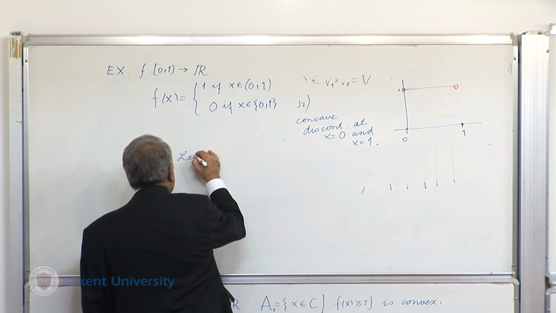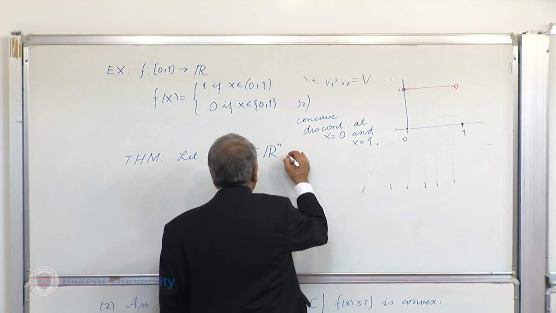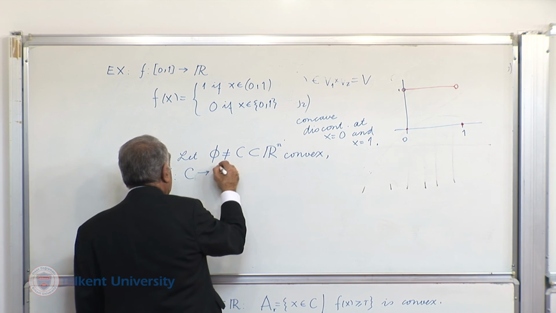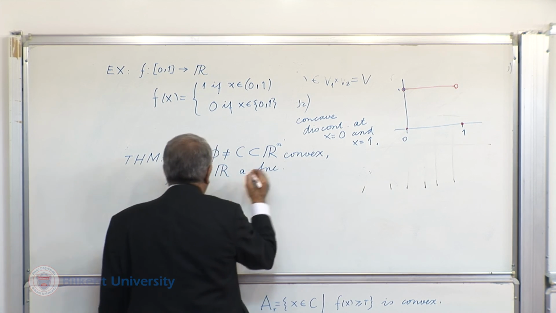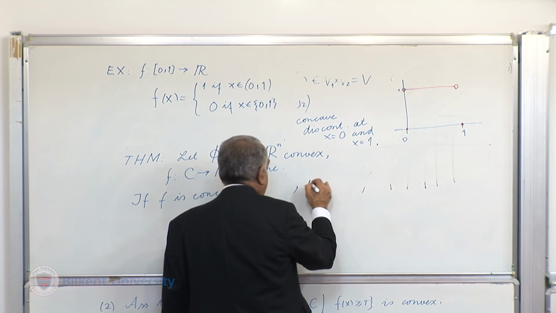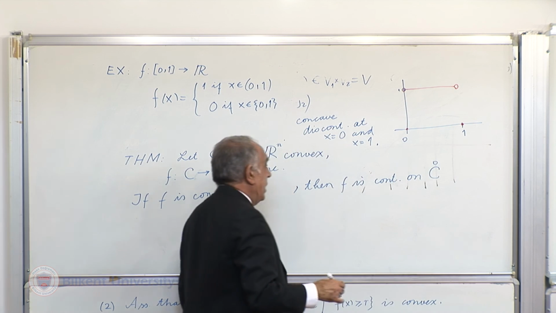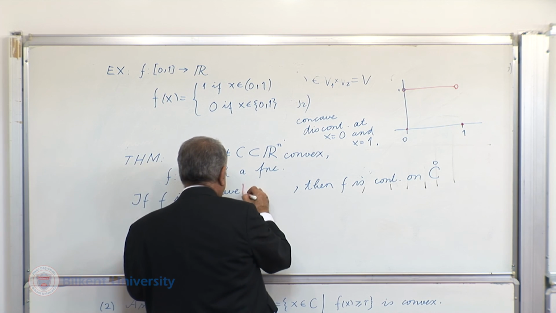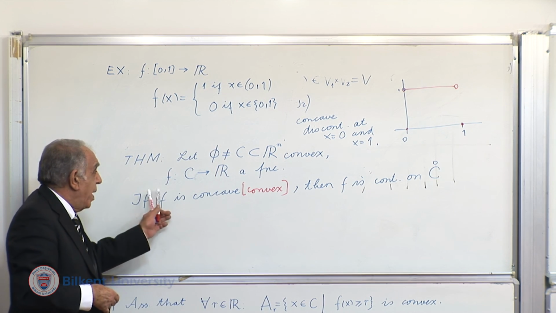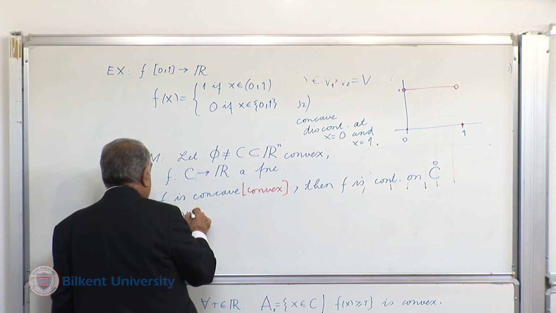Now let C be a non-empty convex subset of some Rn, and F a function on C into R. Now if F is concave, then F is continuous on the interior of C. If it's convex, then it's continuous on its interior as well, because minus F will be concave, and minus F is continuous anyway. We will omit the proof of this.